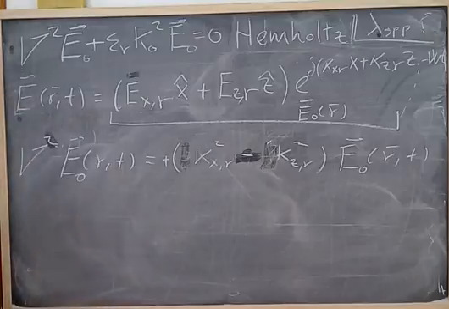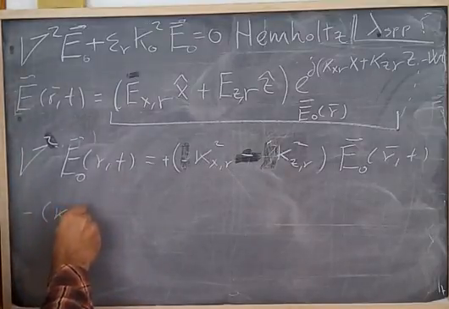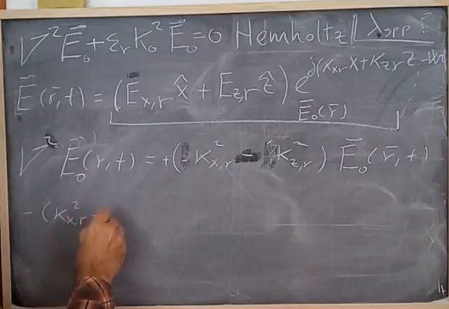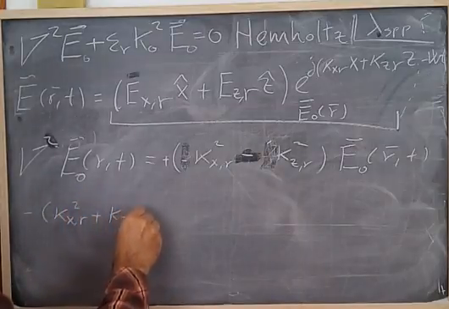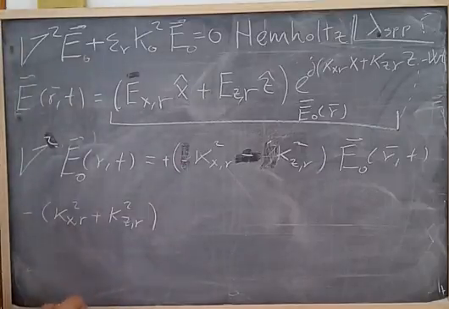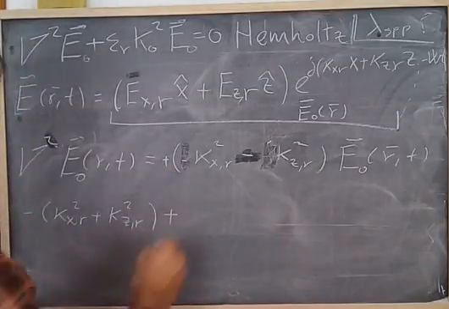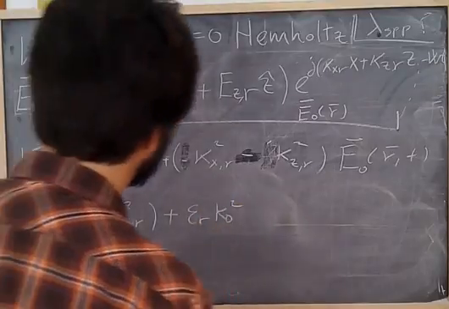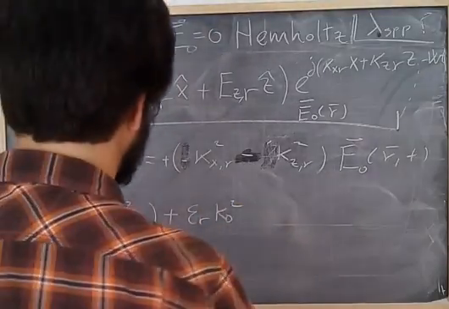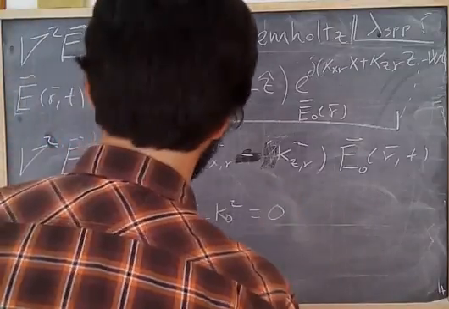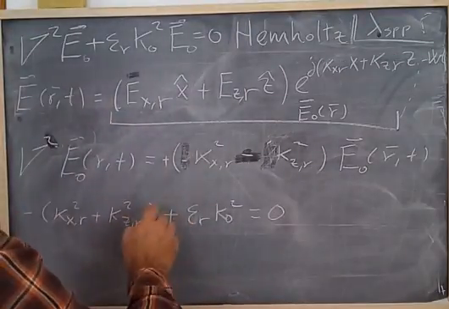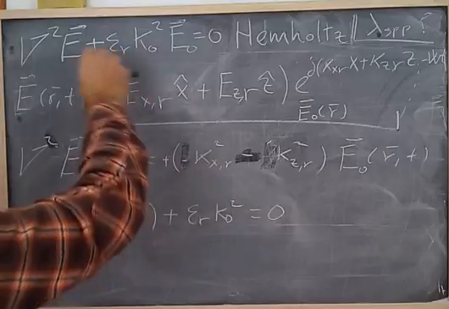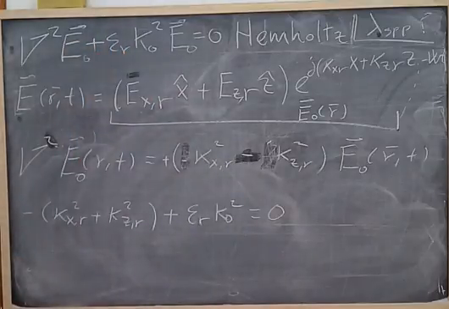So we can write minus kxr squared plus kzr squared plus epsilon r k0 squared equals 0, because I have removed the electric field from the equation by simplifying.